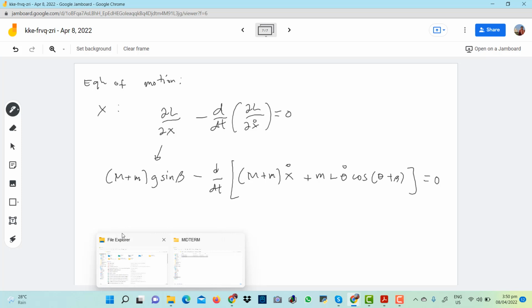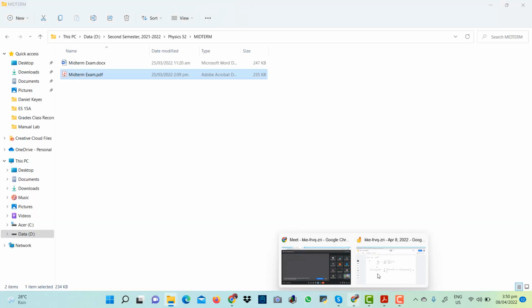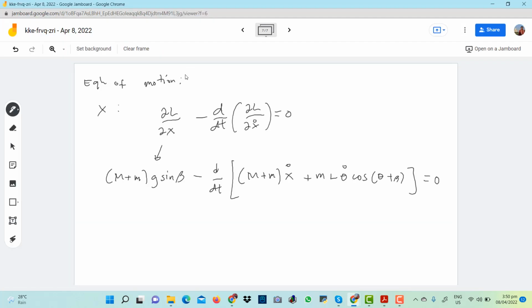Yeah, we have this. I-transpose na ko ang isa. So na ako'y d dt of this. What will be the derivative with respect to time of this one? So na ako'y m plus m x double dot.